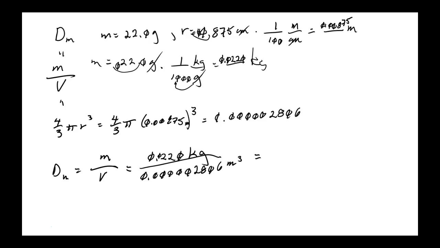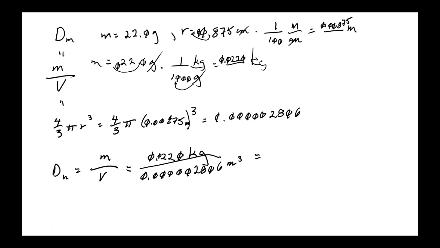Did you put 0.022 as your numerator? 0.022, right? Divide that by 0.0002806, and then press equal.